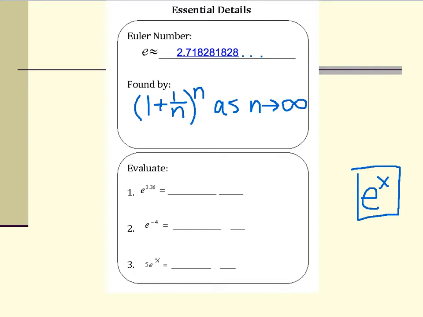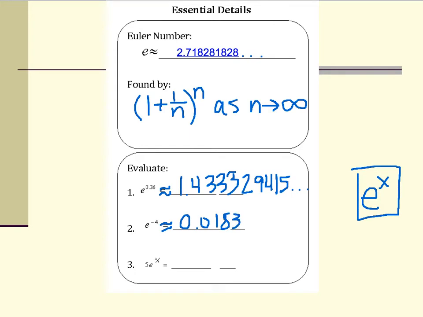Okay, welcome back. You should have these filled in, and you should get, for this one, about 1.433329.415, and it keeps going. For this one, you should get approximately 0.0183156.389, and again, that would keep going.